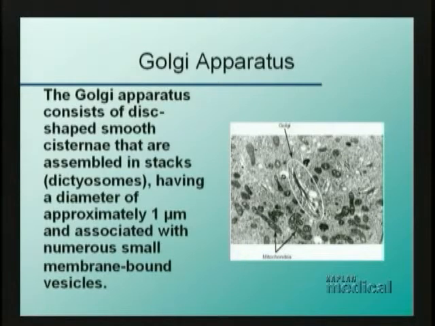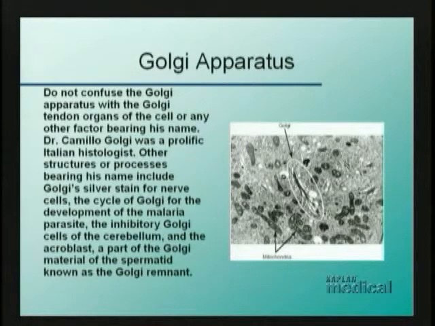And the other thing that distinguishes Golgi apparatus from smooth endoplasmic reticulum is the presence of dilatations at the ends of the cisternae. So make sure you can distinguish in the electron microscope the difference between Golgi apparatus and smooth endoplasmic reticulum.